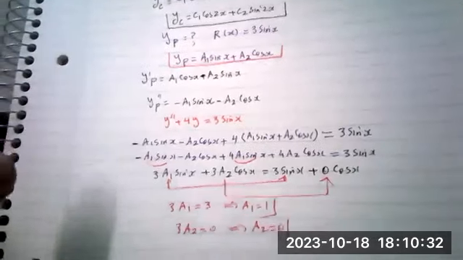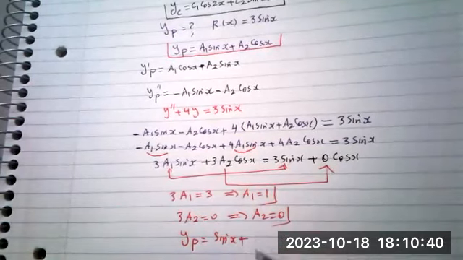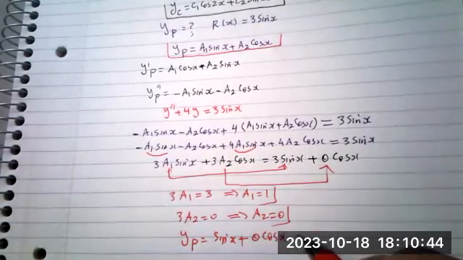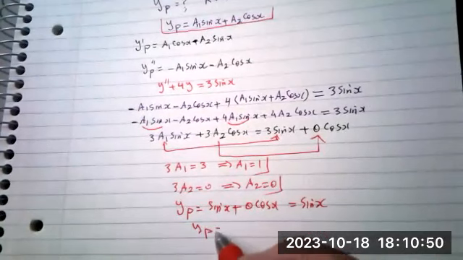So the final answer for the yp. The yp is going to be a1, which is 1, times sine x plus a2, which is 0, times cosine. So it's going to be sine x. Okay, so yp is equal to sine x.